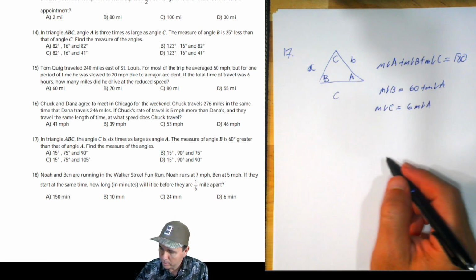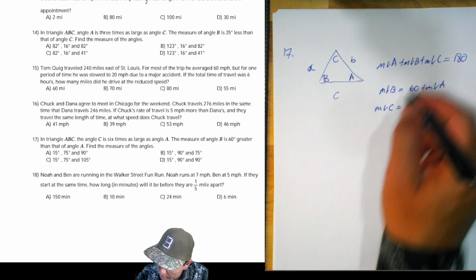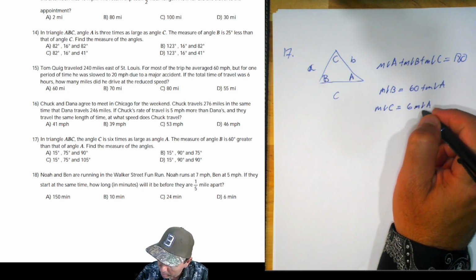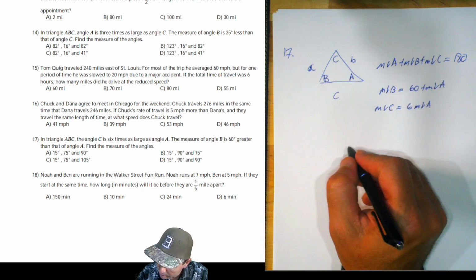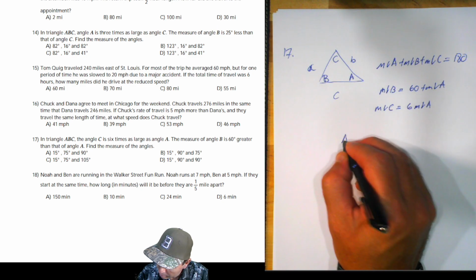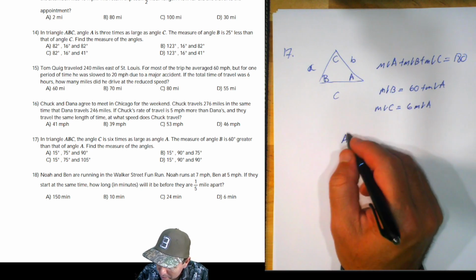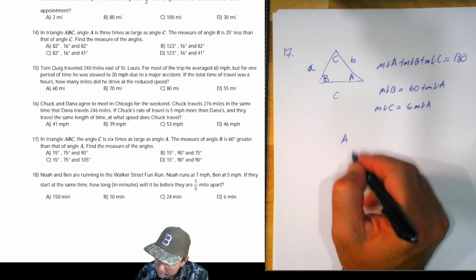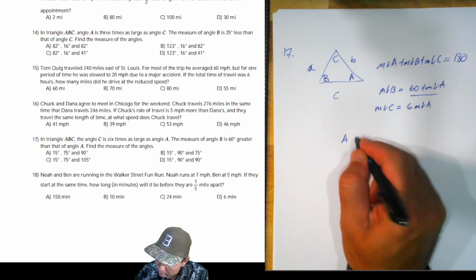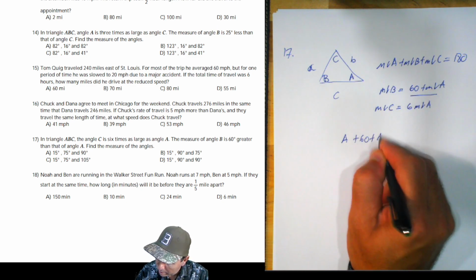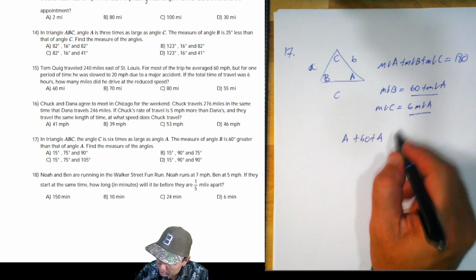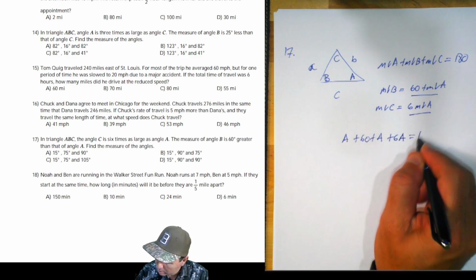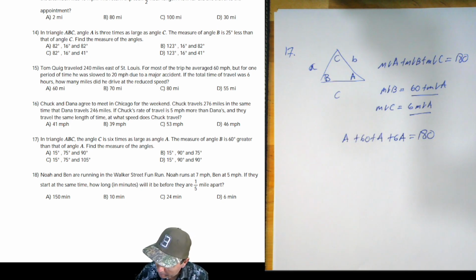Okay, so now we're going to substitute things. For C, we're going to put 6 times the measure of angle A. For A, we're just going to write A, not measure of angle A. Instead of B, we're going to write this, and instead of C, we're going to write this. Then we're going to combine like terms.